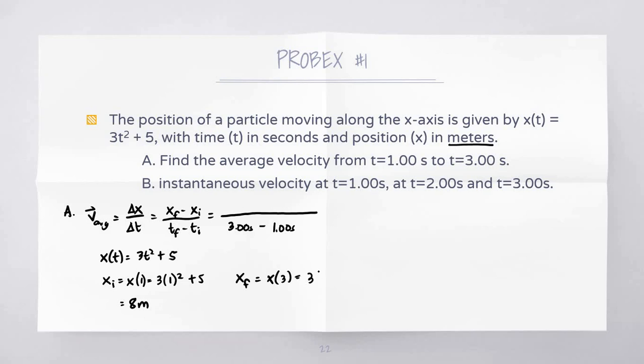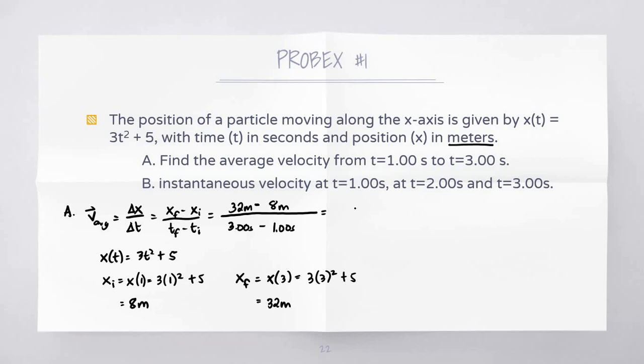equal to 3 times 3 squared plus 5. So 3 squared is equal to 9 times 3, 27 plus 5, that's equal to 32. 32 what? 32 meters. So we can now write it inside our solution. So the final position x is 32 meters minus 8 meters.